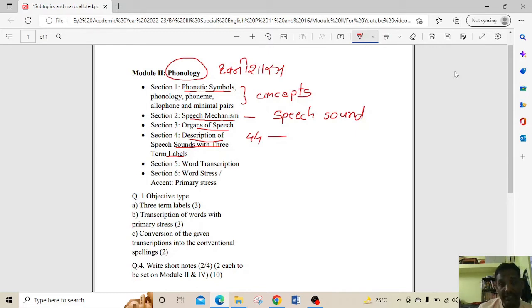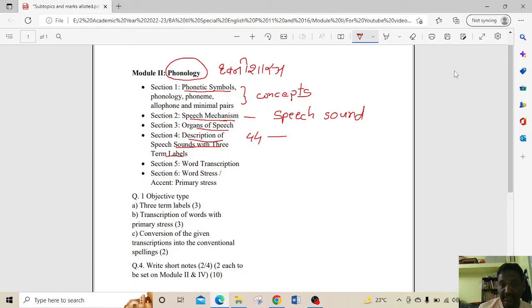Like in Marathi, we have speech sounds and we classify them into 2 major categories: swar and vyanjane. In a similar way, we classify these sounds into different categories, that is consonants, vowels, diphthongs.